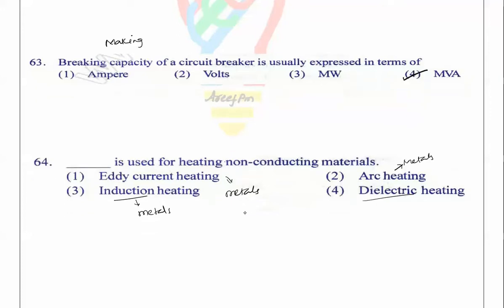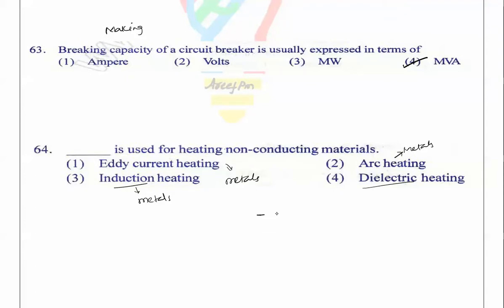In this type of dielectric heating, we take a capacitance like this. We place the body to be heated between these two plates, and we apply a high frequency supply so that it will polarize the dielectric material, the plastic or non-conducting material, so that it will be heated here.